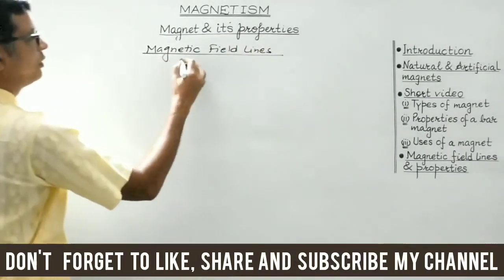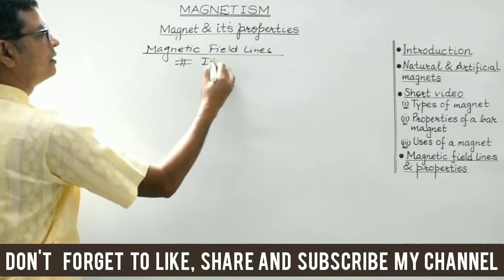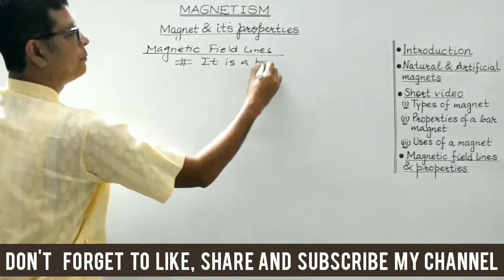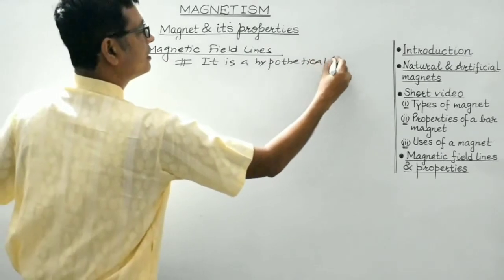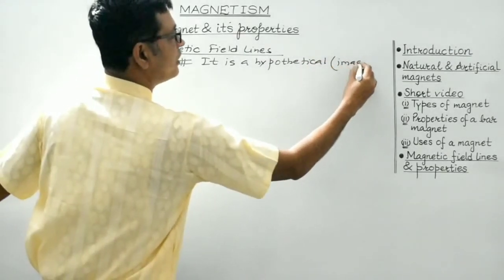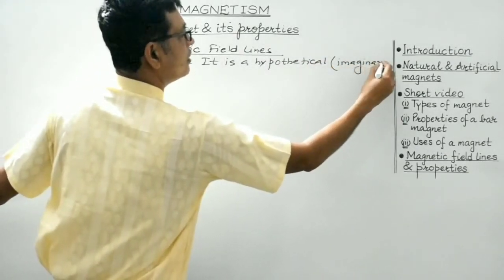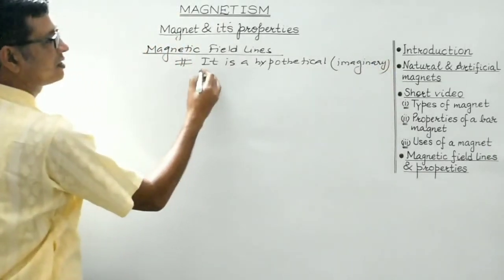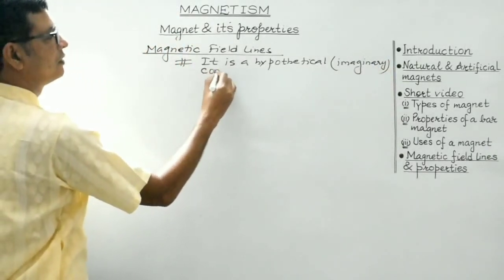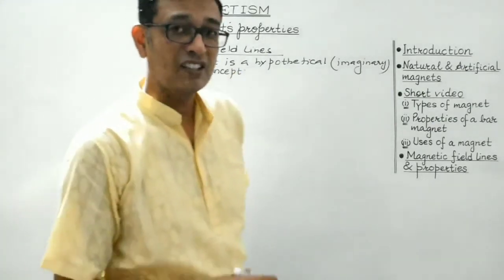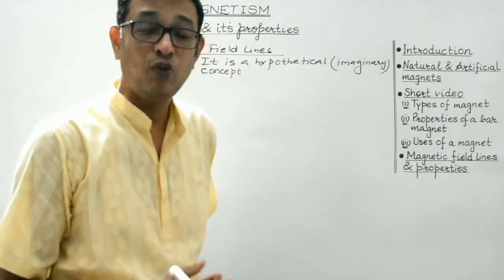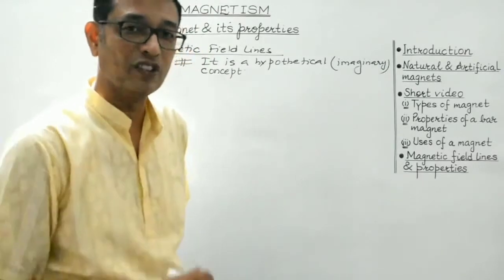So, the first point to be noted is that it is a hypothetical concept. Hypothetical means imaginary concept. It does not exist in real. So you must be asking yourself, what's the purpose of developing this concept?